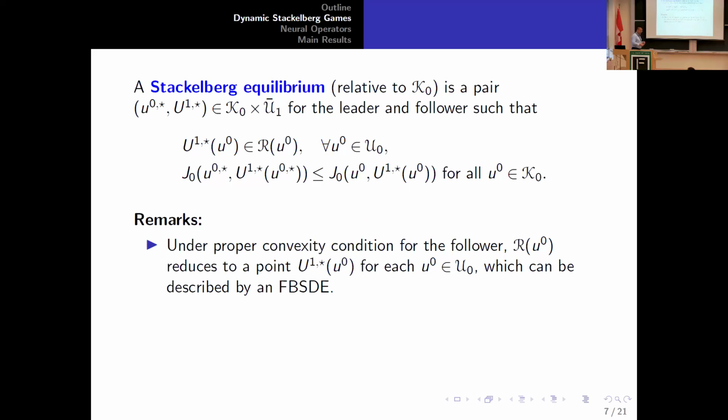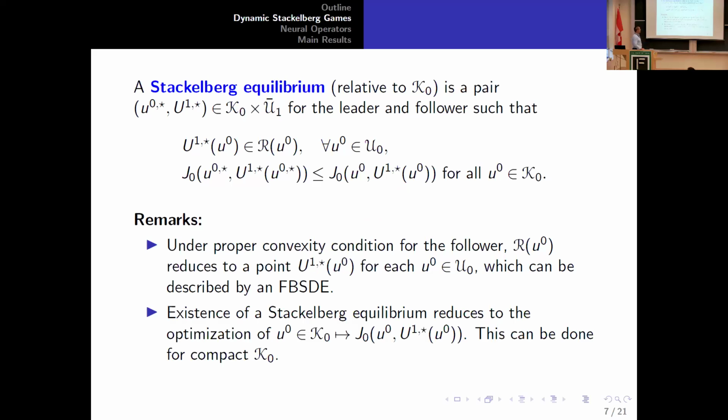So it's reasonable to assume it is non-empty. Because of the first point, the existence of the Stackelberg equilibrium reduces to finding the optimal solution for J0 over the compact subset K0.